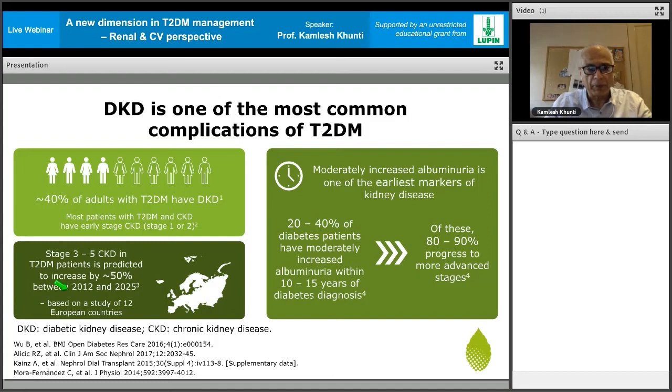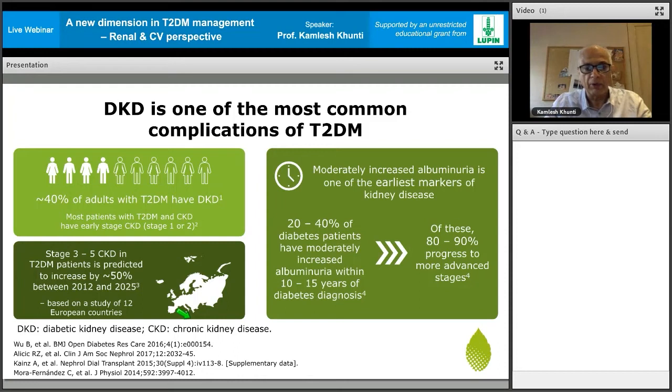We've already said 40% of people with type 2 diabetes will have DKD, and stage 3 to 5 CKD in type 2 diabetes is predicted to increase by about 50% between 2012 and 2025. Mainly because a lot of people are living longer, we've got better therapies, and they're surviving much longer.